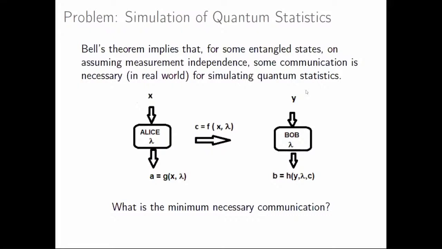It also helps us to understand the resource entanglement in quantum information, in terms of these communication tasks. So the question is, what is the minimum necessary communication that one would need to simulate Bell non-local correlations?